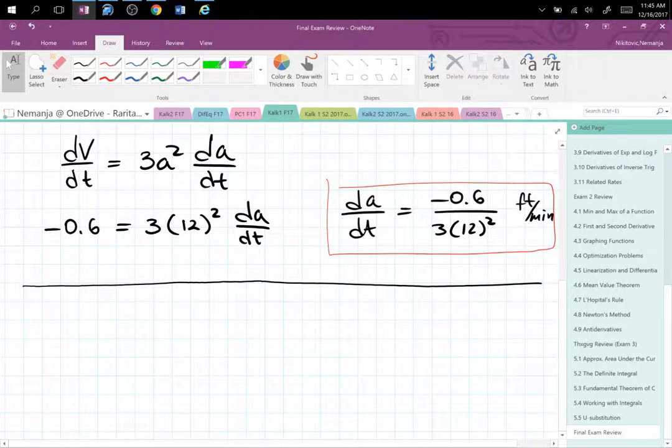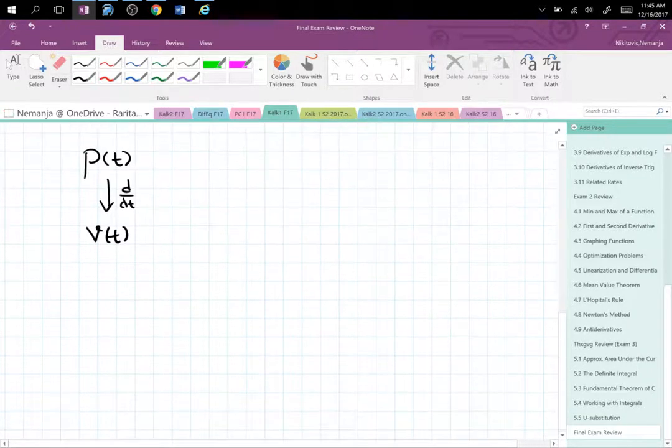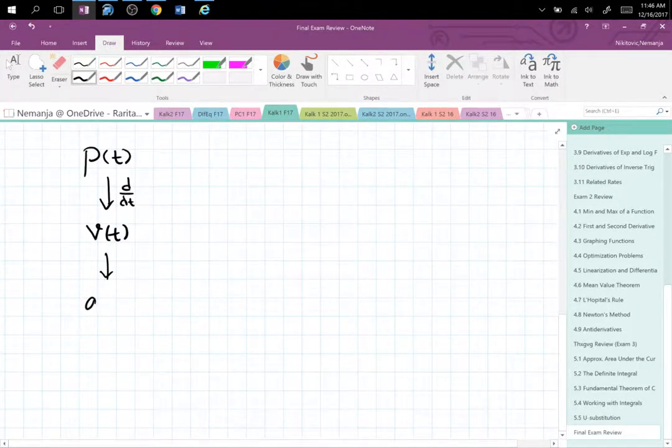I wrote this diagram on, I believe, 2 different occasions in this class, where you start with the position function in terms of time, and then you differentiate that function in time to get the velocity function, and then you differentiate it one more time to get your acceleration, right?